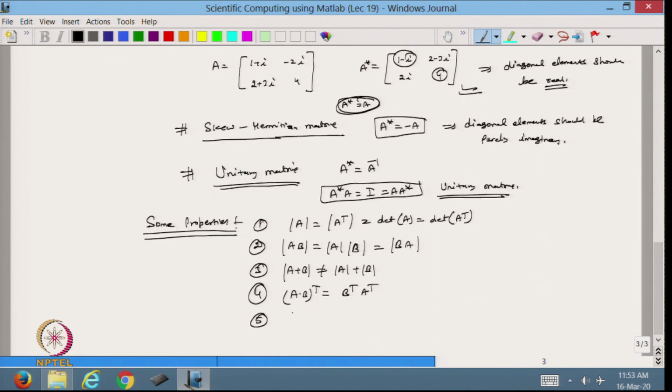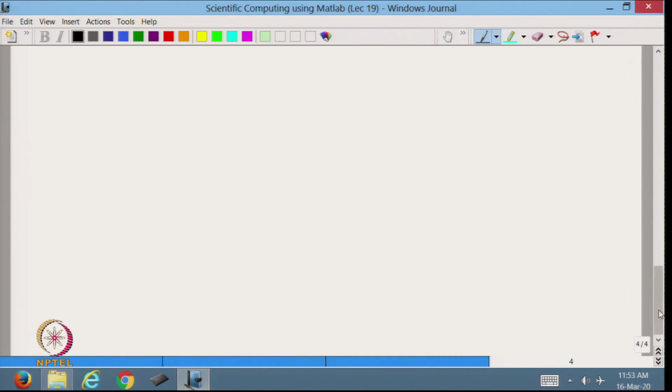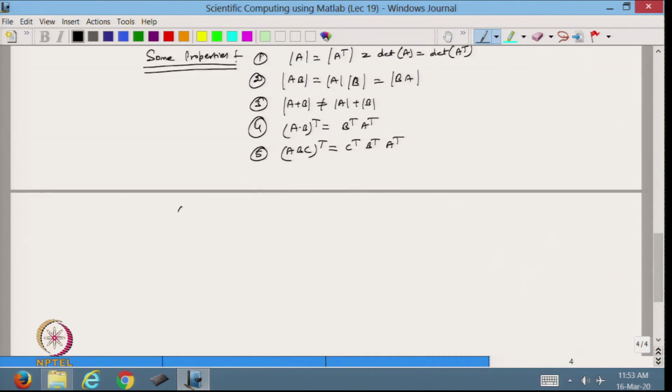The fifth one is that I can take more than two, so it will be C transpose B transpose A transpose. Then the sixth one is that if I multiply two matrices and take the inverse, this is equal to B inverse A inverse.